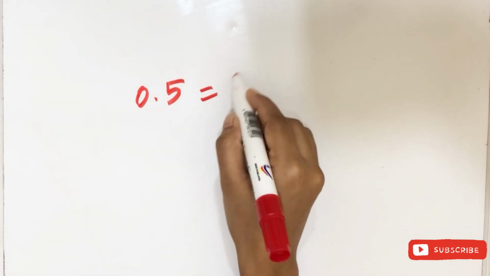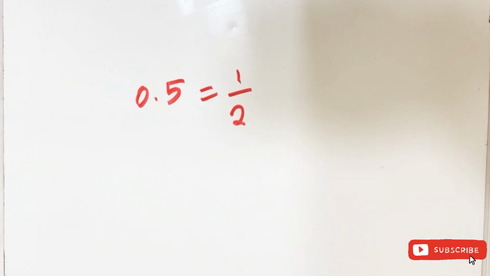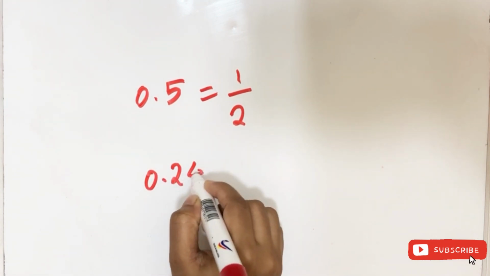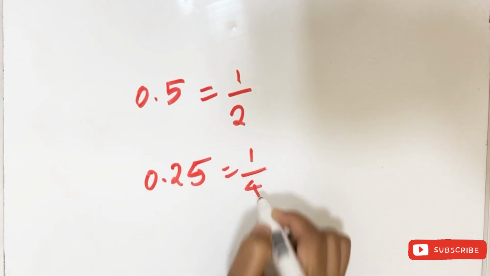Other than these integers, what numbers come under rational numbers? See, 0.5. Is this a rational number? Yes, 0.5 is 1 over 2, 1 by 2. This is just a half. 0.25 is 1 over 4.